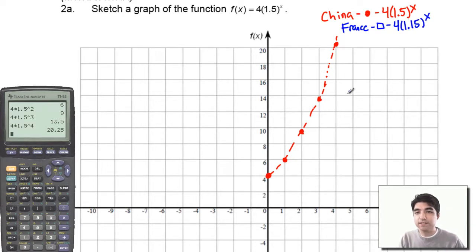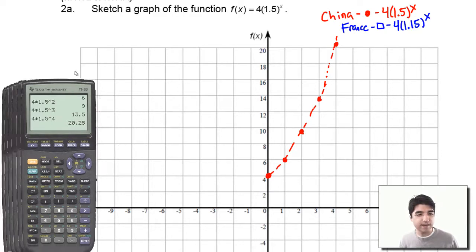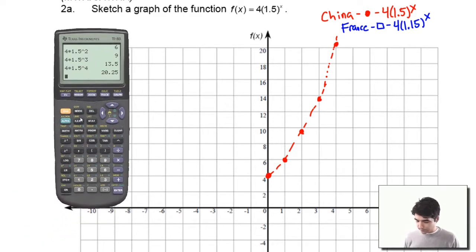So France starts, so let's just start cranking some of these values out. We got 4 times 1.5 to the 0 power equals 4. So this one's very similar.